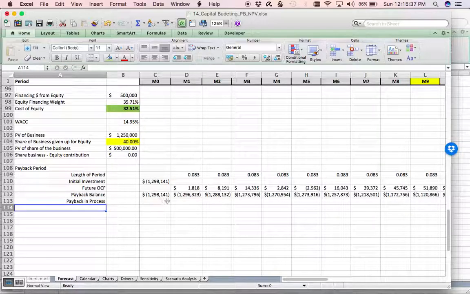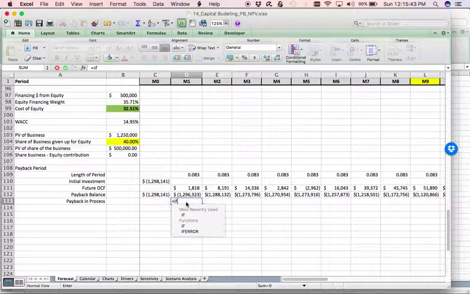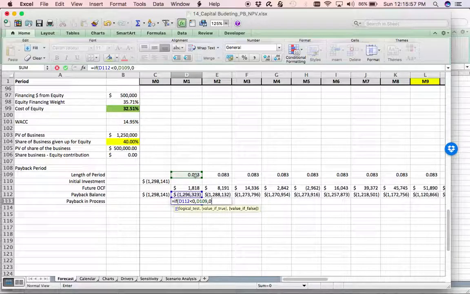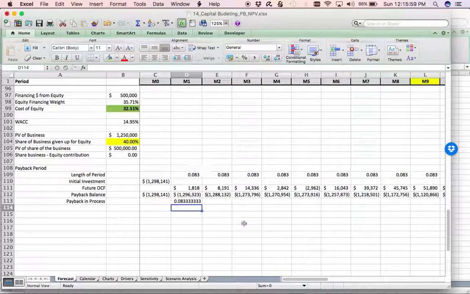I don't care what you call that, but anyway, we're going to use this logic here that says is equal to if the payback balance is still negative and therefore is less than 0, then count that as a period, otherwise just treat it as 0. Okay, you'll see here in just a second what that does.